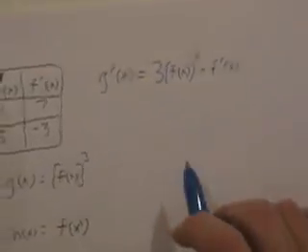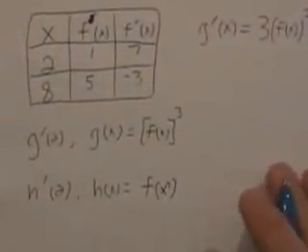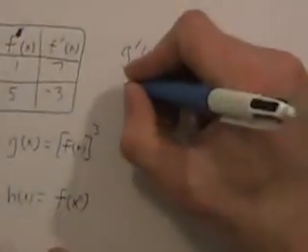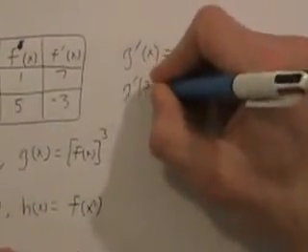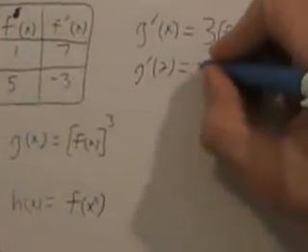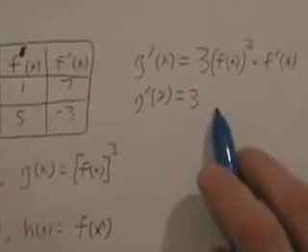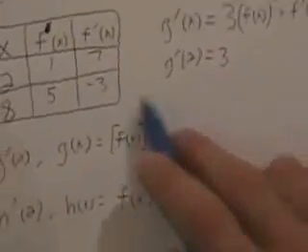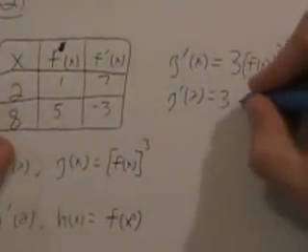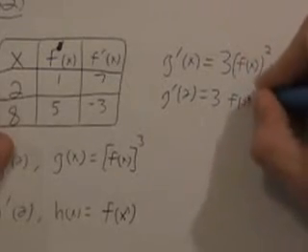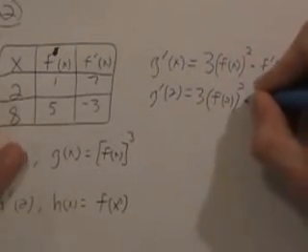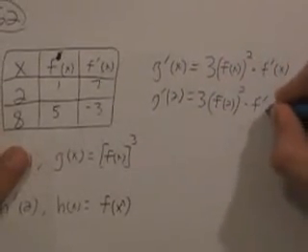But getting back to what the problem asks for, g prime of 2. G prime of 2 is 3 times f of 2 quantity squared times f prime of 2.